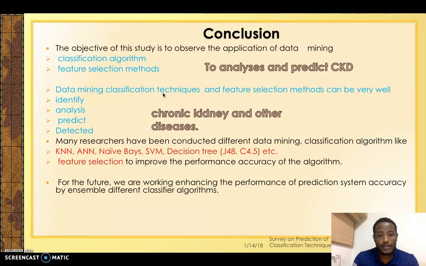Many researchers have conducted studies with different data mining classification algorithms like NN, Bayes, support vector machine, decision tree, and so on, with feature selection to improve the performance accuracy of the algorithms. In the future, we are working on enhancing the accuracy of the prediction system by an ensemble classifier of different classification algorithms.